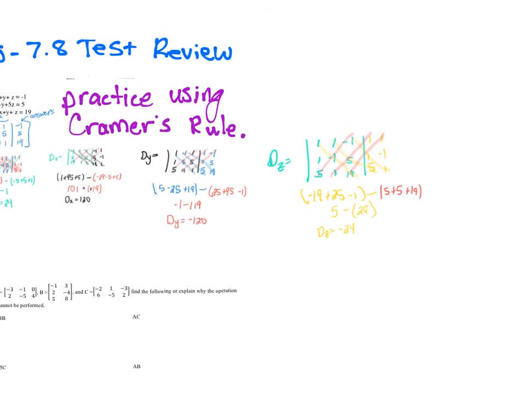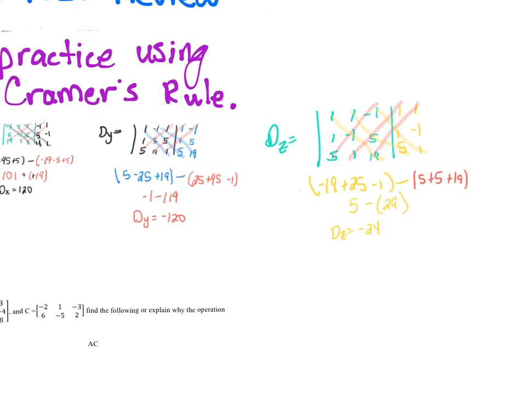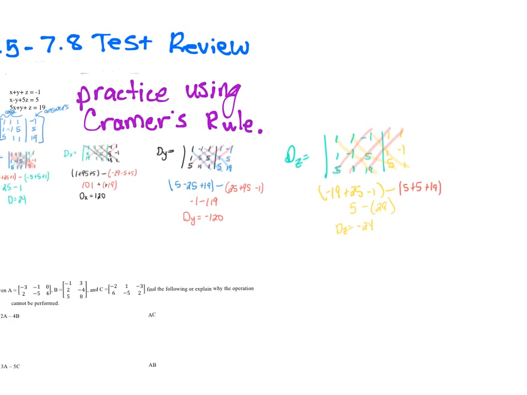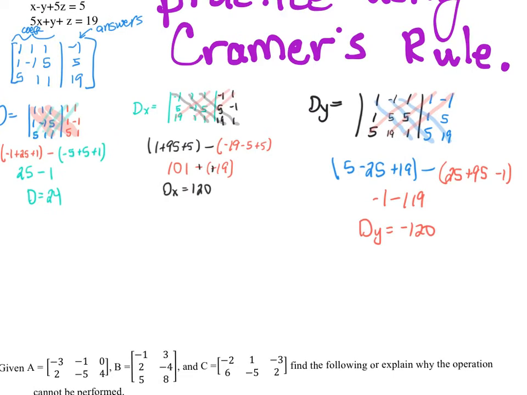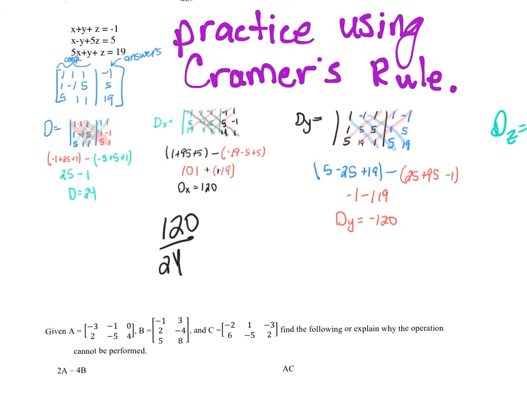And now to find our ordered pair, we just take all three of those numbers, the x, the y, and the z, and we divide them by the original determinant we got. So for x, I'm going to say 120 divided by 24, which equals 5. So my x value is 5.